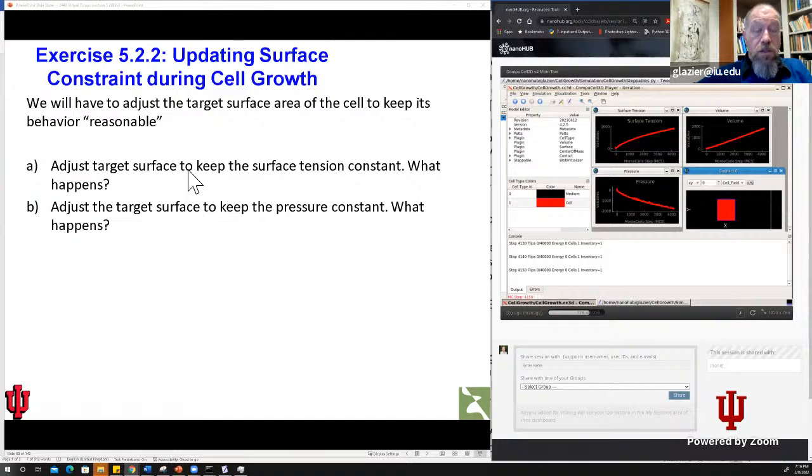How is the surface tension defined? The surface tension is given by the lambda surface times the difference between the actual and the target surface.